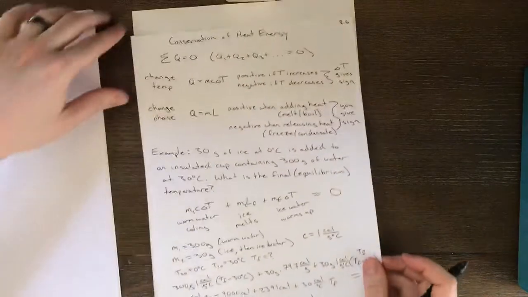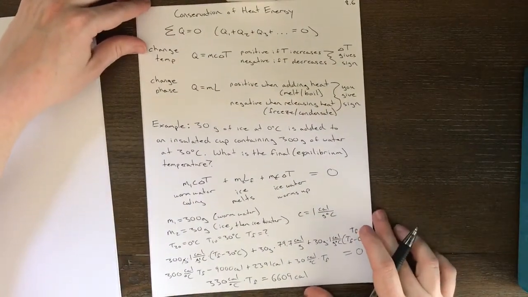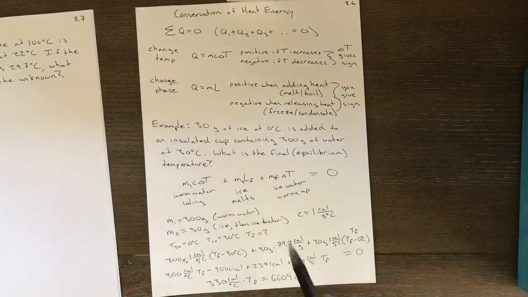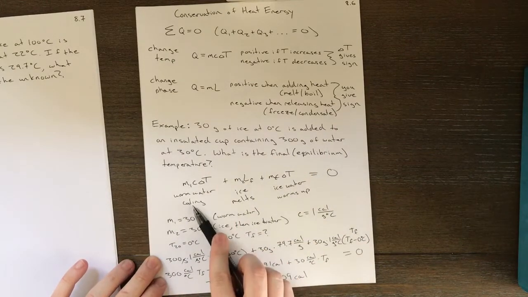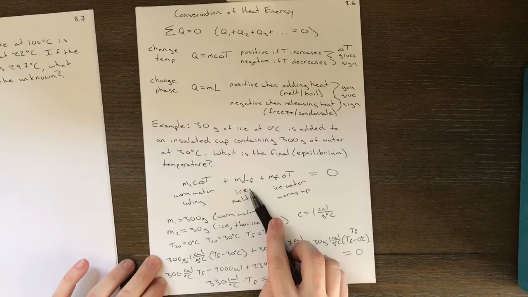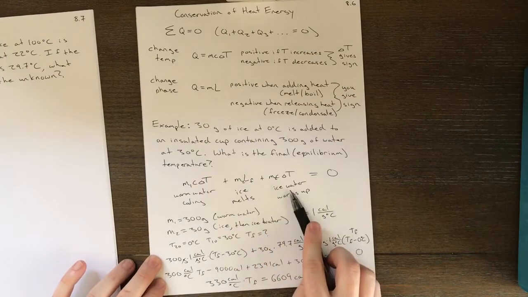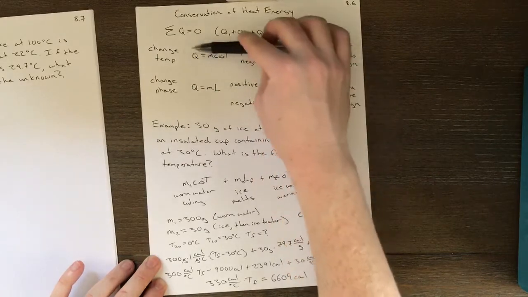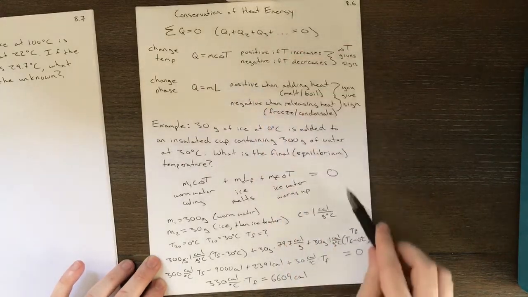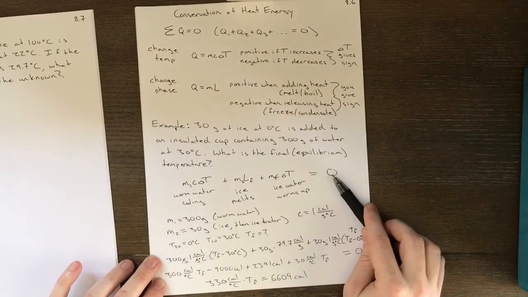But once more, just recapping what we did in that example. We first set up in words what was going to happen. The warm water was going to cool down. The ice was going to melt. That ice water would then warm up. We added up all our different Q's, all the different pieces of heat energy, and they must have equaled 0.